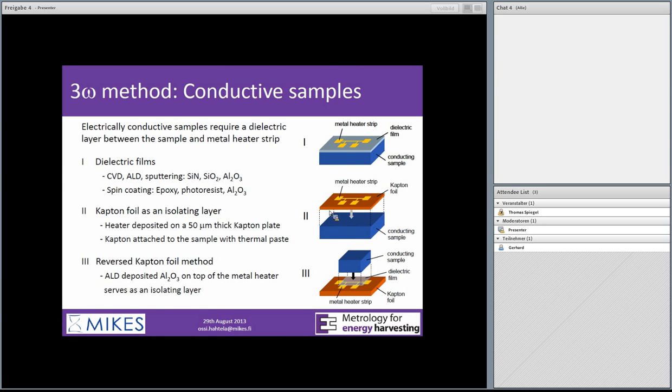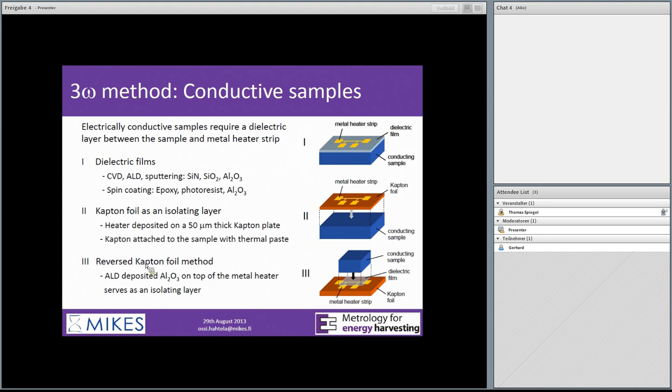One thing to remember is that using this kind of method, you need to take care that there's good thermal contact between the Kapton foil and the sample material, and we used a thin layer of silicon-based thermal paste to make sure that there's good thermal contact.